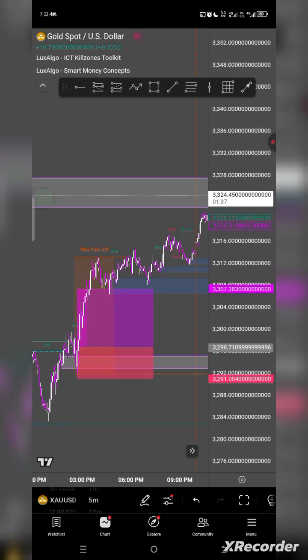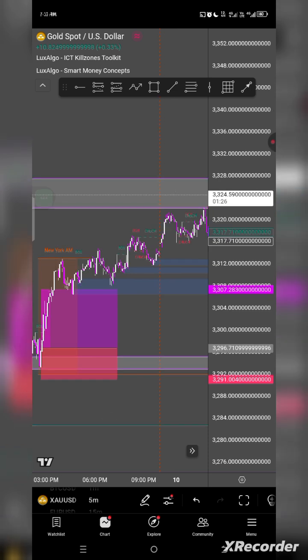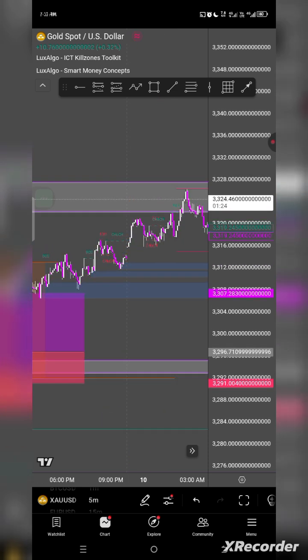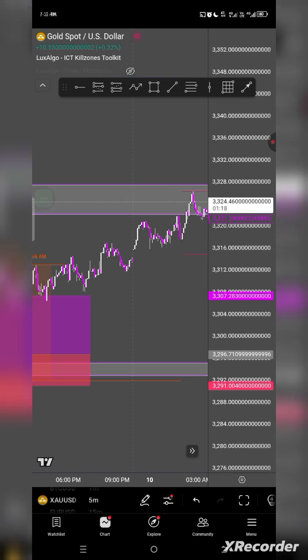This is one of the strategies I'm trying to back test, but I've not really gotten the hang of it. I just do it once in a while, once I'm sure that the market will tend to respect that zone.